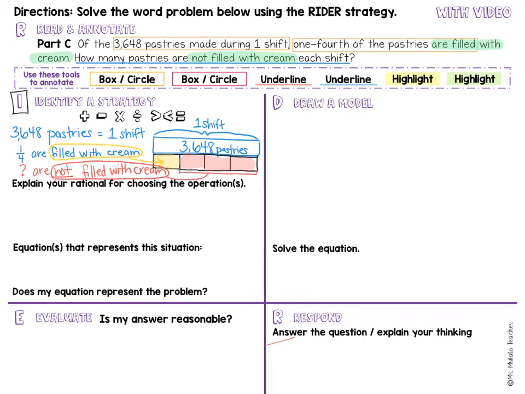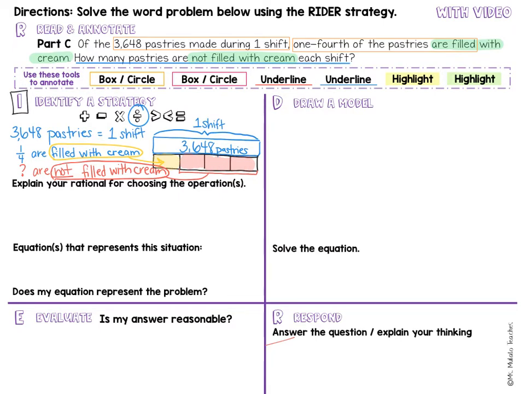So in order to figure out what operations we're using, we're going to say we started with 3,648 pastries. And we had to split it up into fourths. When we split something up, what are we doing? We're dividing. So I'm going to circle dividing. How many parts did we divide these pastries into? We divided them into 4 parts.